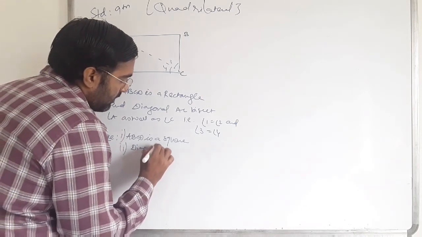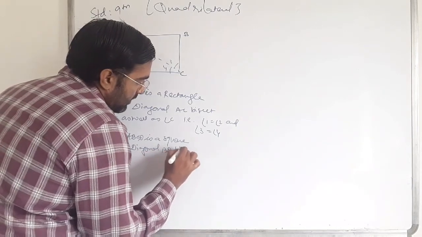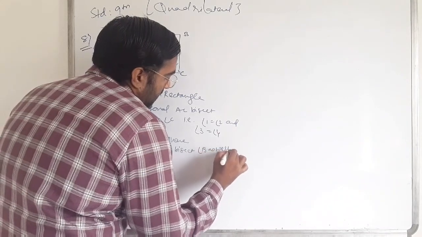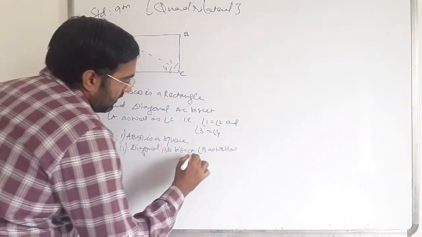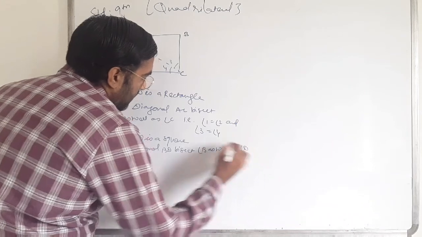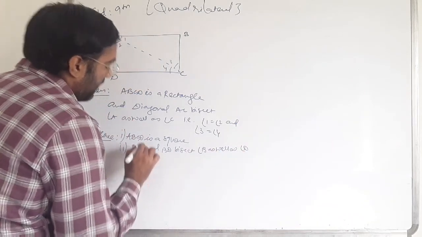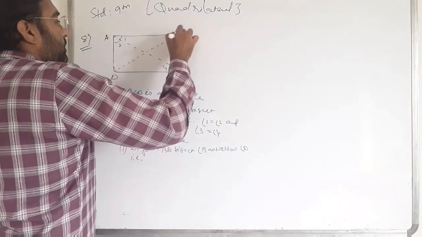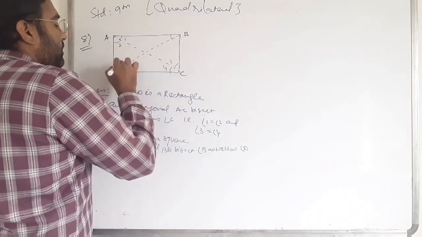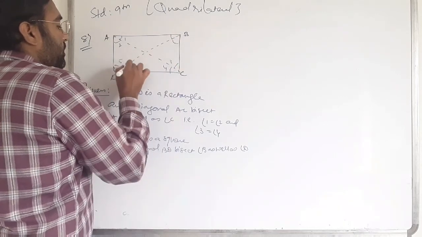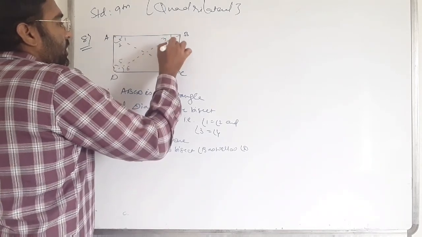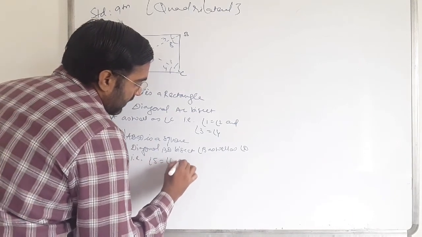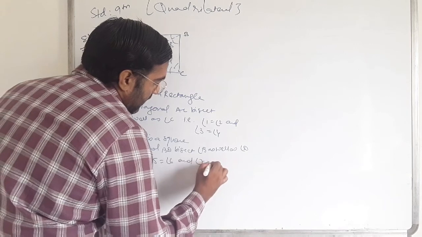Diagonal BD bisects angle B as well as angle D. Or either I have to prove that angle 5 equals angle 6 and angle 7 equals angle 8.